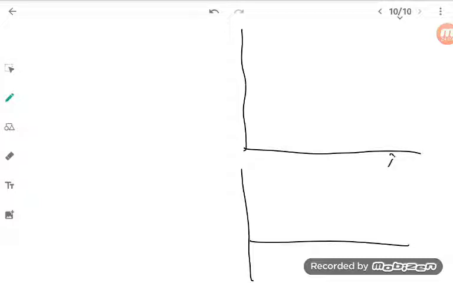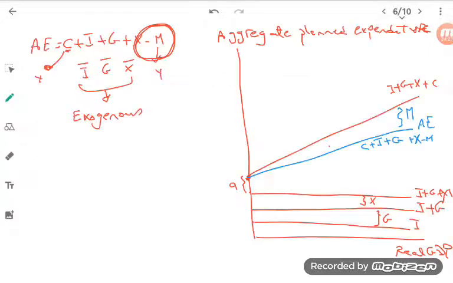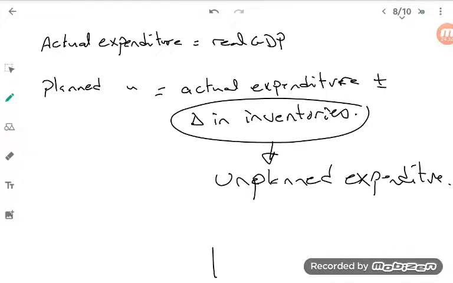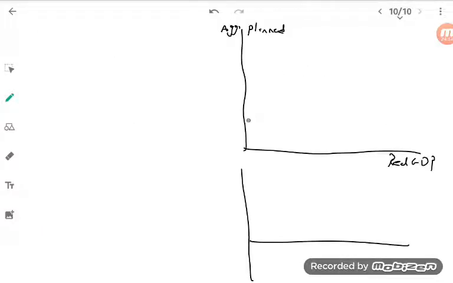This is real GDP, and this is aggregate planned expenditure. Aggregate planned expenditure is this line, okay? So we can draw it like a positive slope line, not starting from the origin. It's going to start from an autonomous part, or an intercept. So this is A.